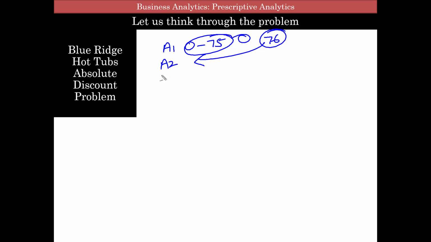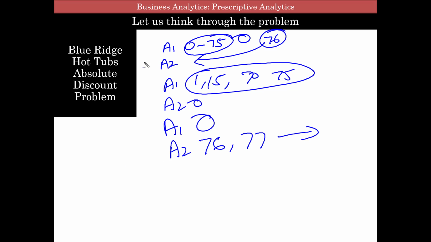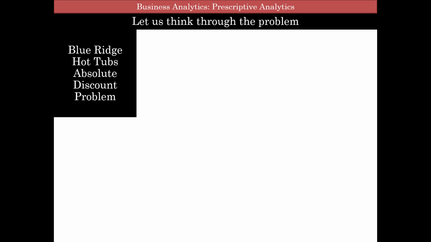So you can have A1 take values 1, 15, 70, 75. So long as it's here, A2 will be 0. But once you need to produce more than 75, A1 automatically becomes 0, and A2 starts with 76, 77, and so on, right? That's what you've got to model here.